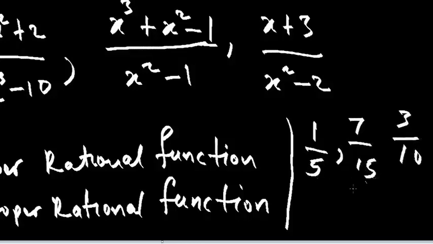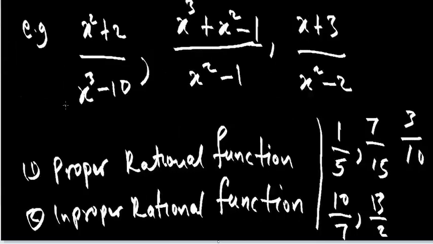Now when we talk about improper fractions, we have fractions like 10/7 and 13/2. An improper fraction is a fraction where the numerator is greater than the denominator, while a proper fraction is one where the numerator is less than the denominator.